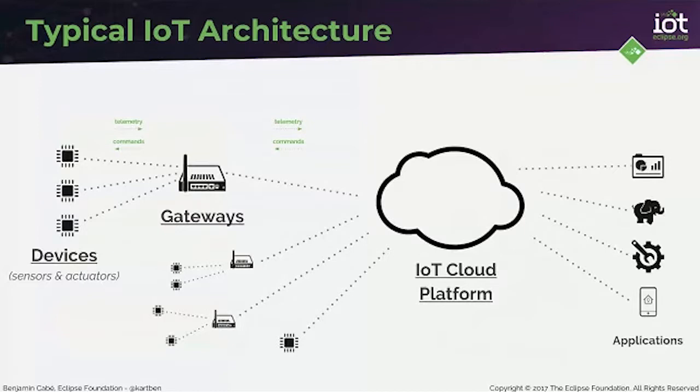And since your constrained devices don't necessarily have connectivity, you need to have some kind of gateway that will provide not only the internet connectivity, but maybe, and even more importantly, will provide some edge computing capabilities to help control and orchestrate the flow of information back and forth between the devices and the cloud.